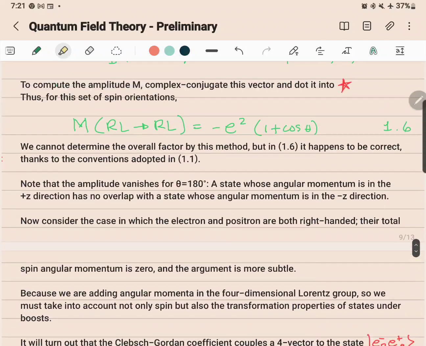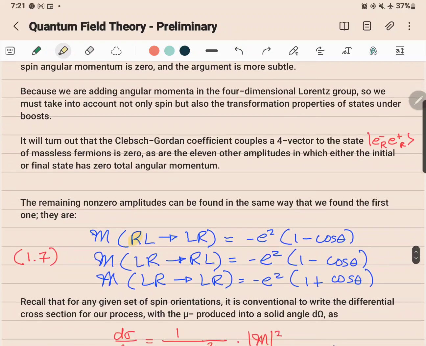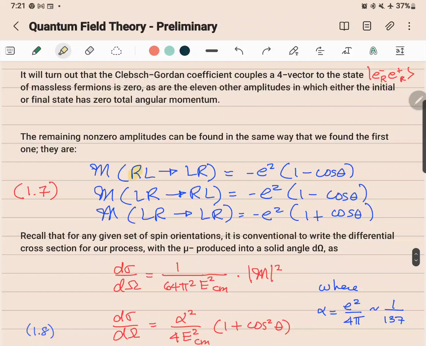The first one is a right-handed electron, left-handed positron, producing a right-handed mu- and left-handed anti-mu. This one is a right-handed electron, left-handed positron, producing a left-handed mu- and right-handed anti-mu. Left-handed electron, right-handed positron.